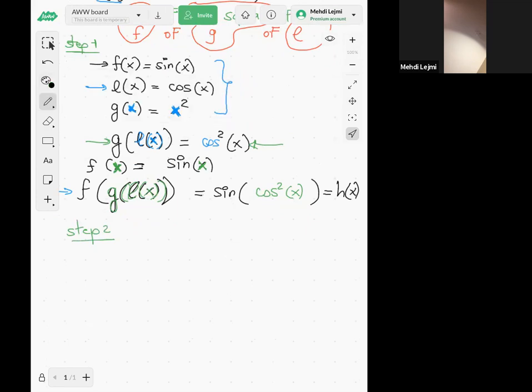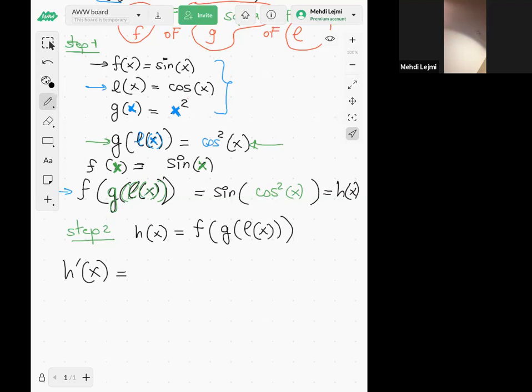Now in the second step, I have to compute h prime, right? But we said in the first step that h is actually a composition of f with g and with L of x. So that's the composition of three functions.